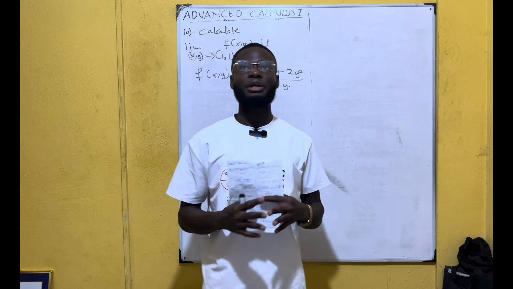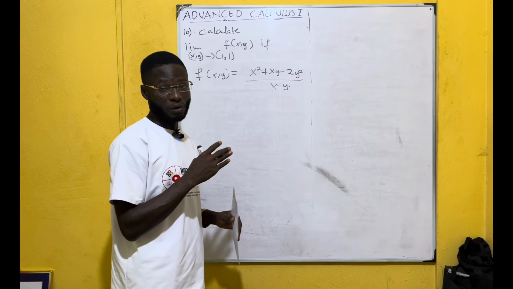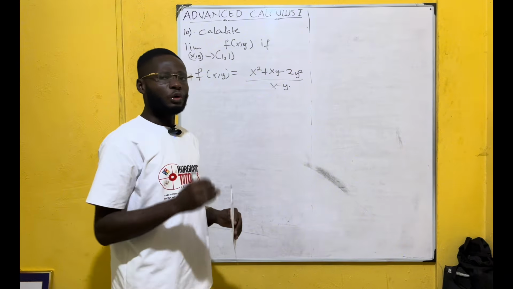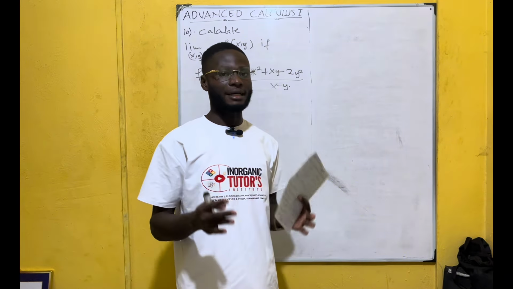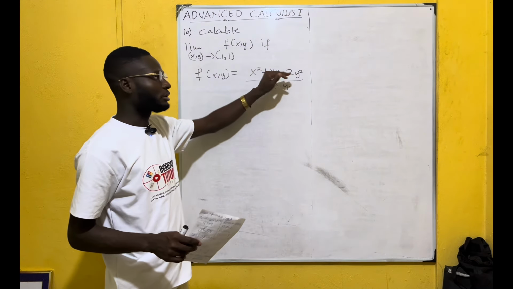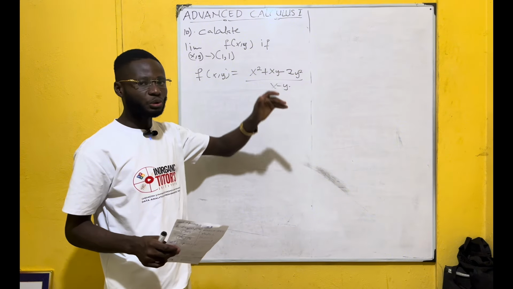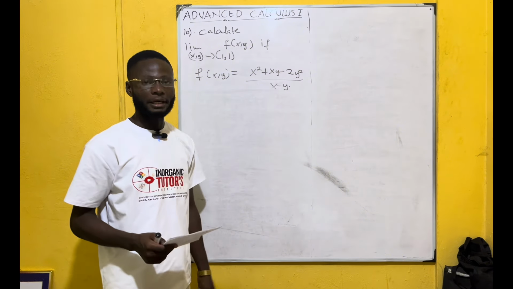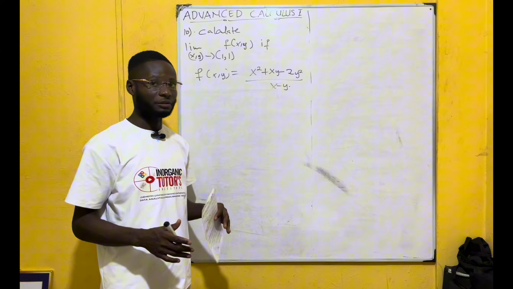Always what you have to put in your mind is that when you have a problem of this sort, and it's a fraction, make sure you try to see if the fraction can be factorized. Let's say the numerator we have here, ask yourself, can you factorize this term? If yes, try to do that and see if there will be some cancellation.